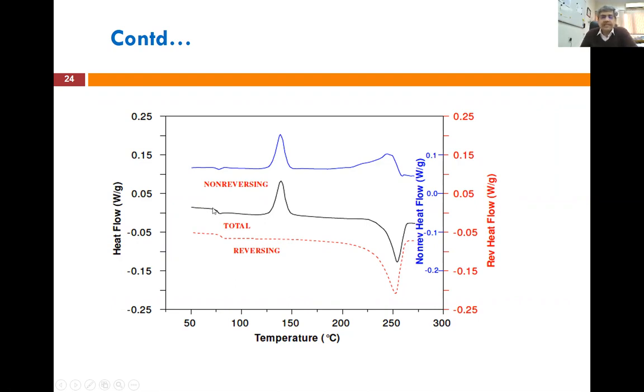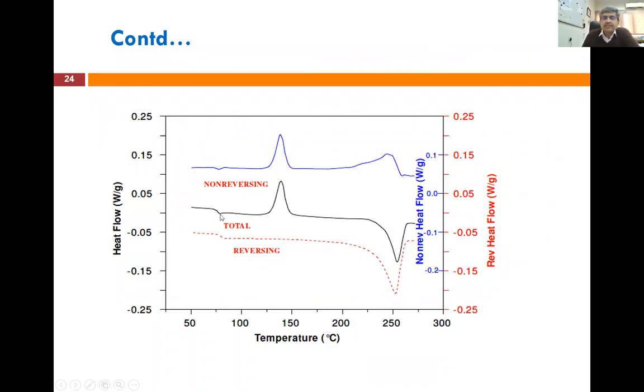Using the modulated DSC, we were able to differentiate it into two components, the non-reversing event and the reversing event. So you can see the enthalpy relaxation came out in the non-reversing heat flow, while the glass transition temperature came out in the reversing heat flow.